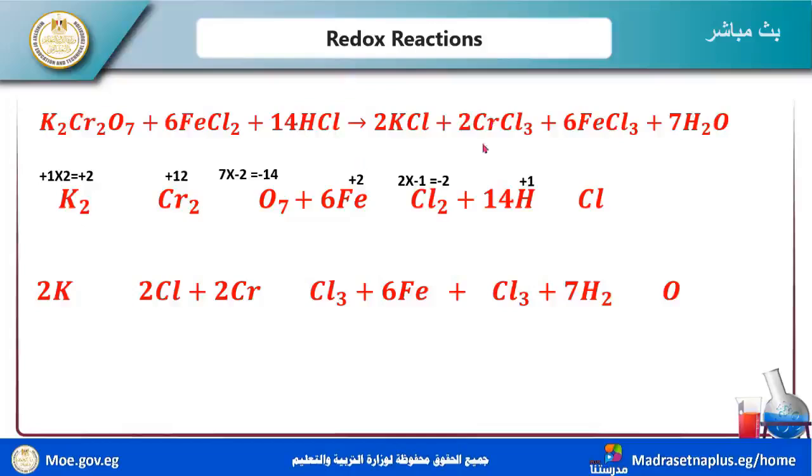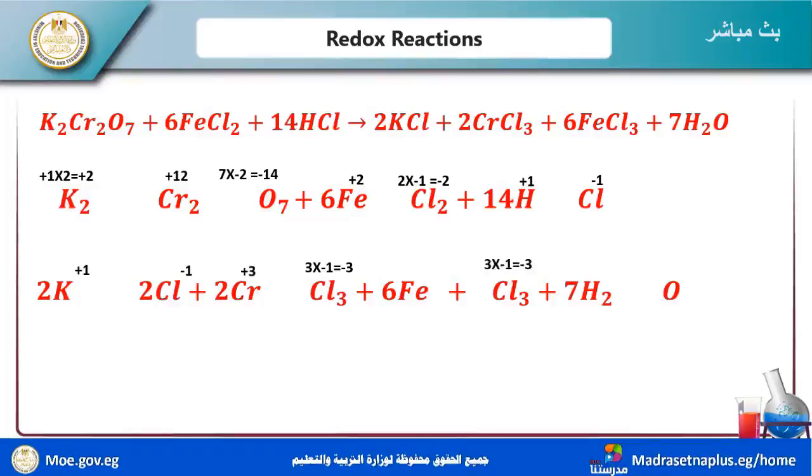Okay. Now Cl2 is negative 1 times 2, negative 2, so Fe is positive 2. Hydrogen is positive 1, chlorine is negative 1. In the products, potassium is positive 1, chlorine is negative 1, and in CrCl3, chlorine is negative 3, so Cr is positive 3.